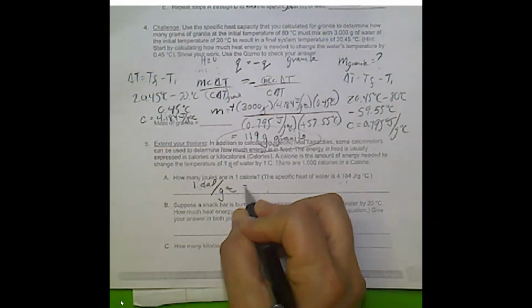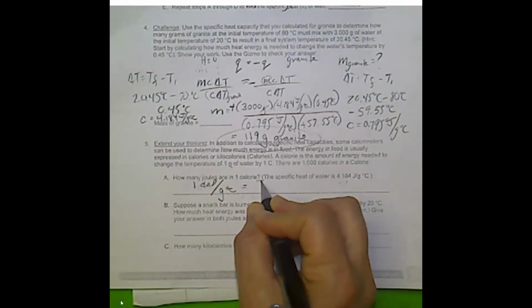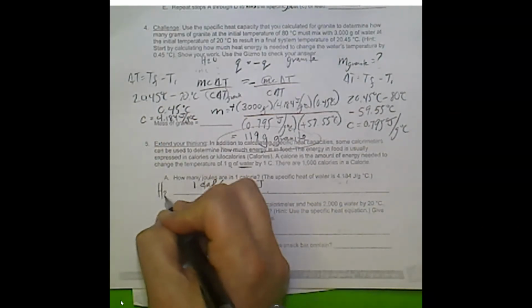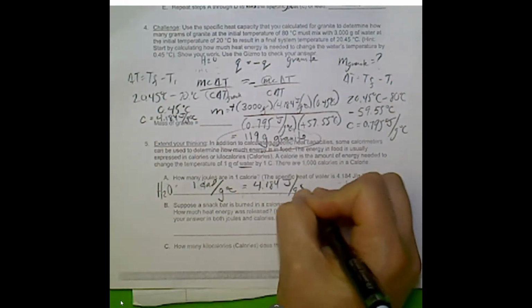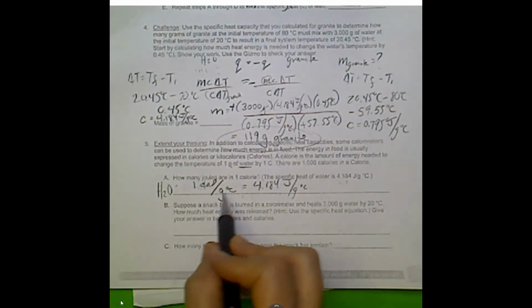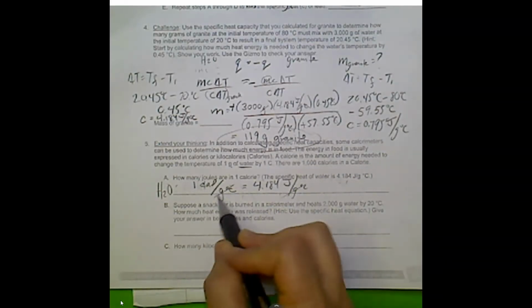This is all for water. We know that the specific heat of water is 4.184 joules per gram degree Celsius. And so you can see that these are the same. If these cancel out, 1 calorie equals 4.184 joules.